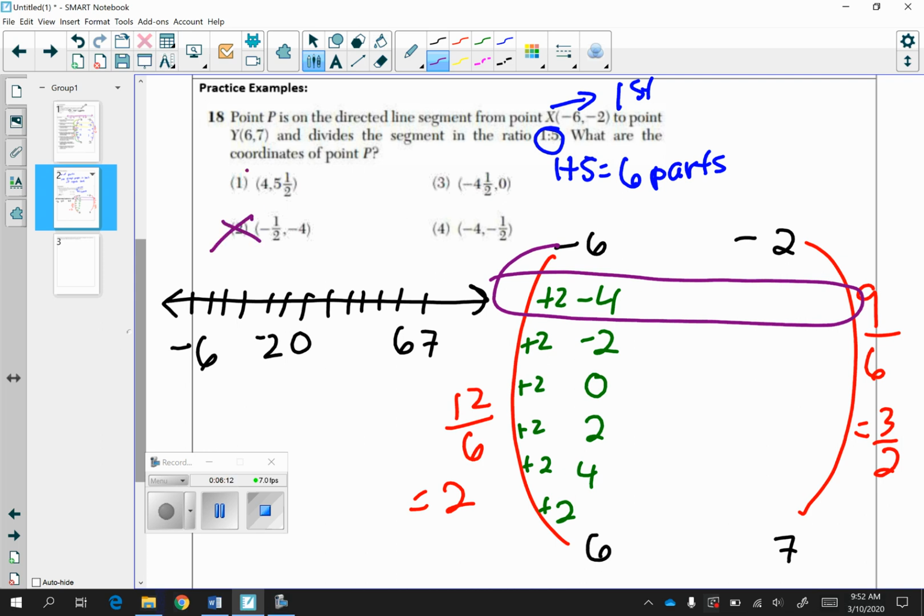So I could eliminate choices 1 and 2. And now the next thing I'm going to do is to my -2, I'm going to add a positive 3/2, and I get -1/2. So I could really stop right there.